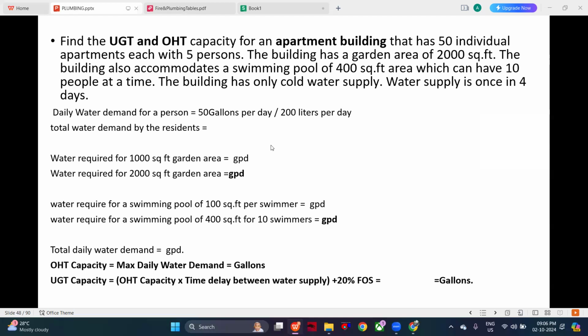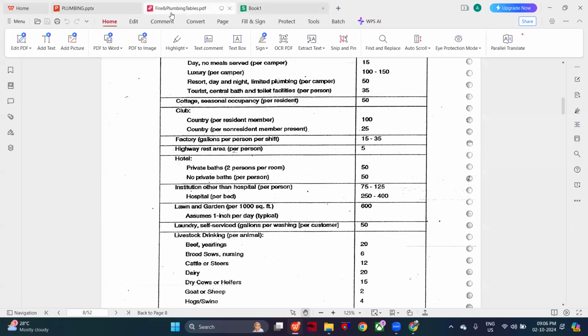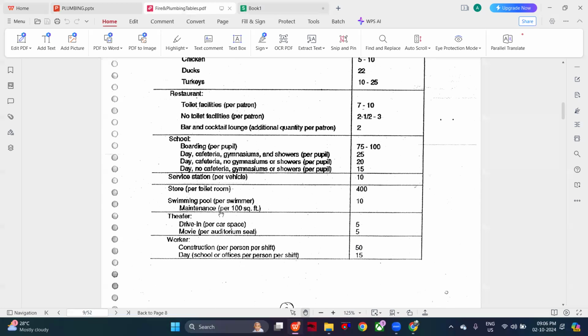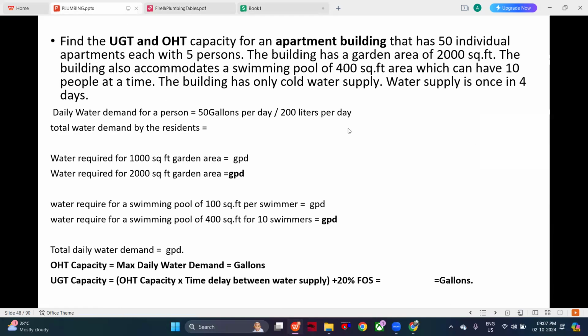Next one is for the pool, 400 square feet. For the swimming pool, page number 9, it is 10 gallons per swimmer. How many swimmers do I have? 10 people at a time.